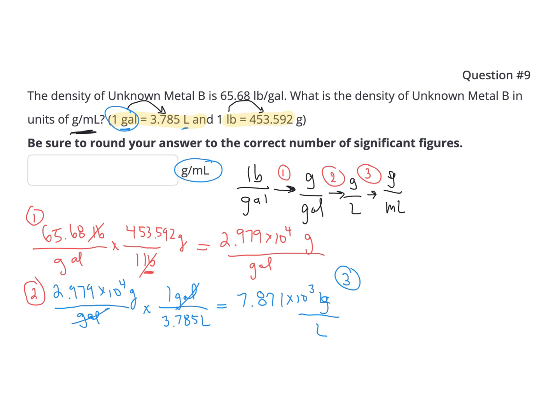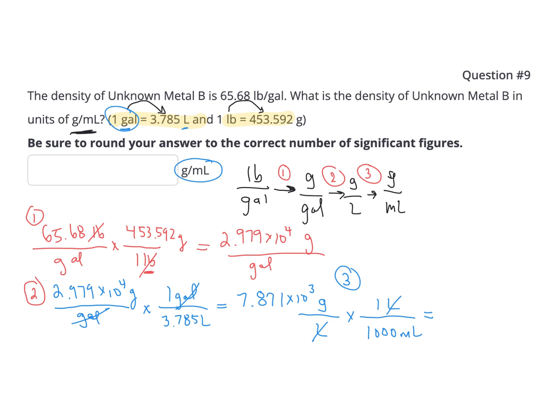All right, I've got 7.871 times 10 to the 3 grams per liter. We know in every 1 liter there are 1,000 milliliters. So we're going to divide by 1,000. Liters will cancel out and we'll be left with grams per milliliter.